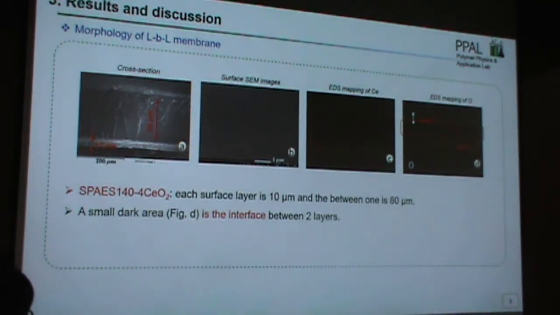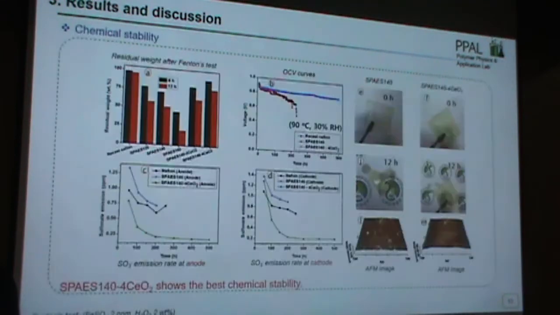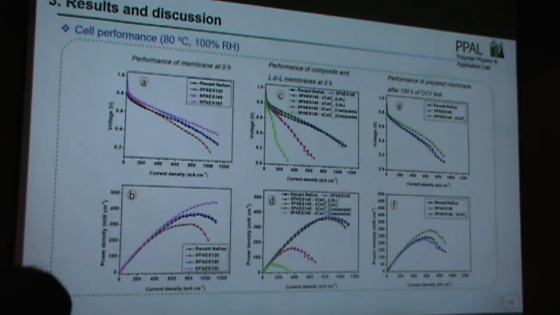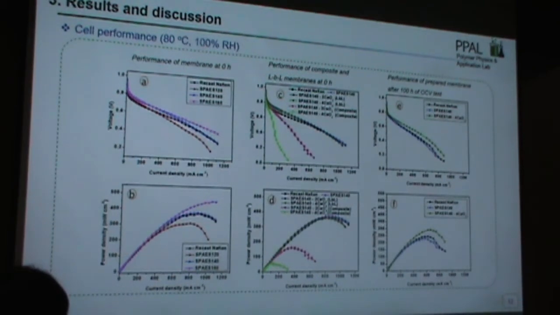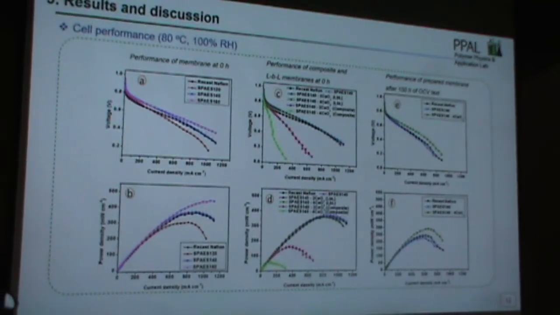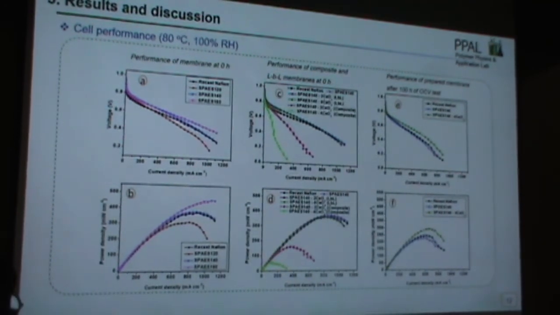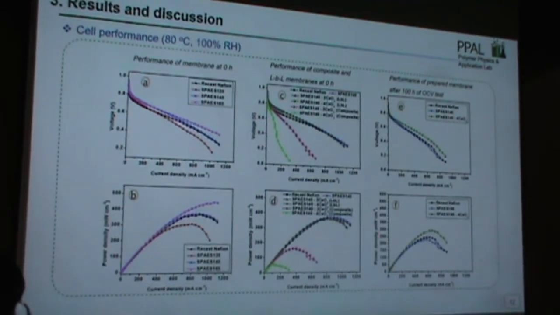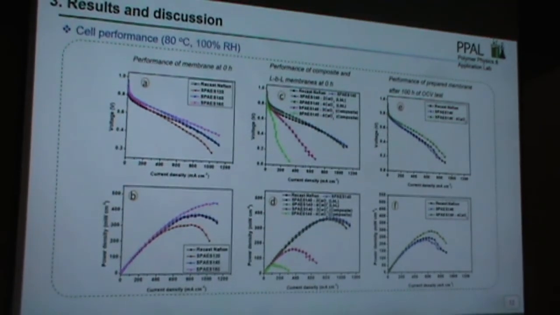The IV curve of your fuel cell performance curve, yeah, that one. The SPAES 140 shows decreased performance compared to the one with the cerium oxide. And I thought that the membrane without those additional layers may have better ion conductivity.